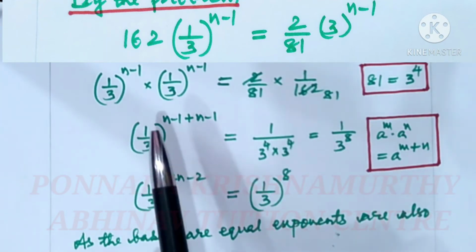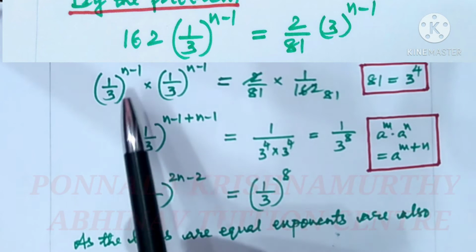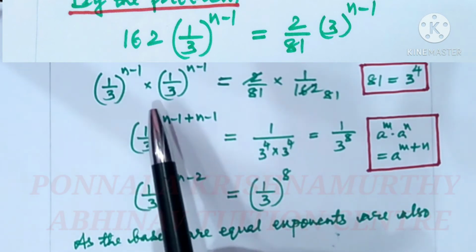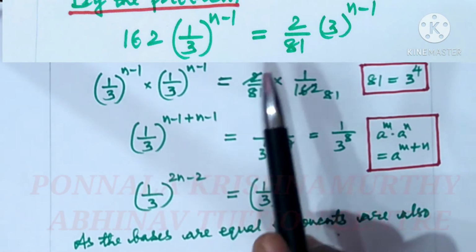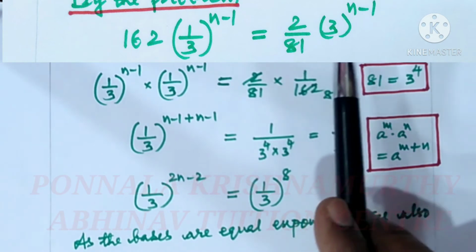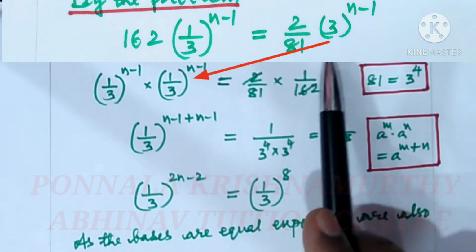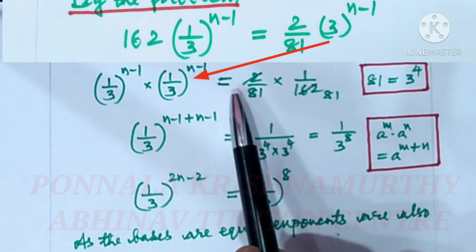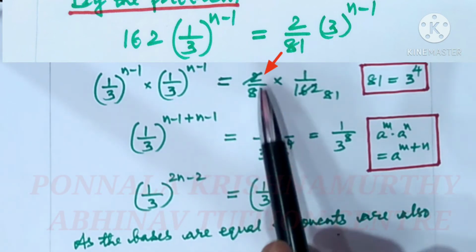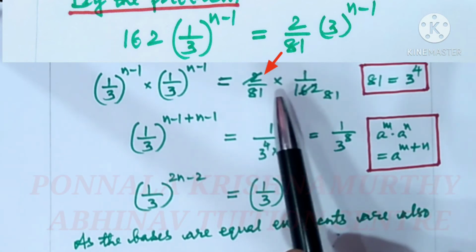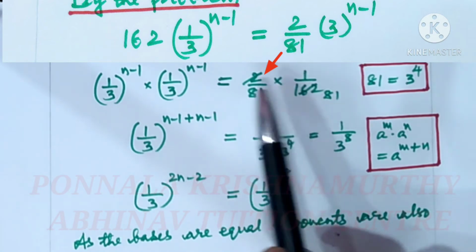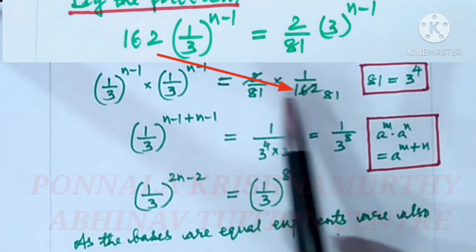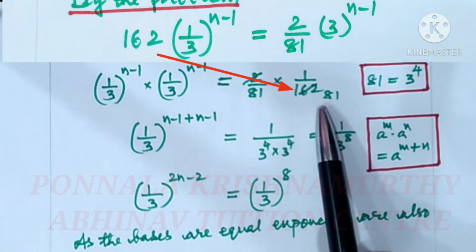So, in the left hand side we have (1/3) whole power n minus 1 into, from the right hand side 3 power n minus 1 comes to the left hand side and becomes (1/3) whole power n minus 1. That is equal to, we have 2/81 in the right hand side and 162 comes to the right hand side and becomes 1/162.